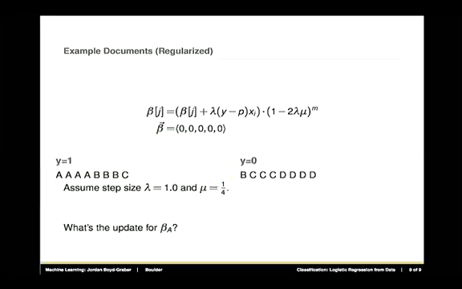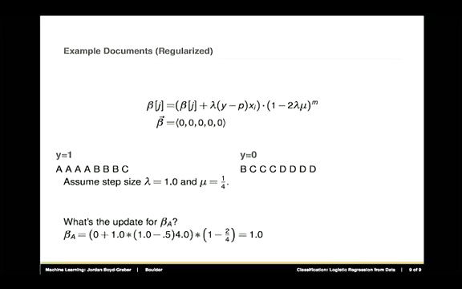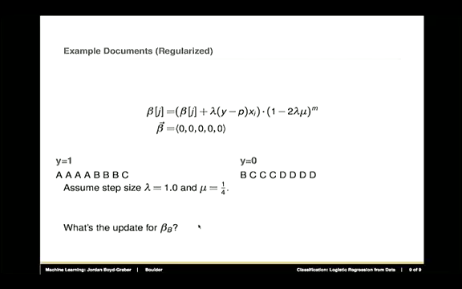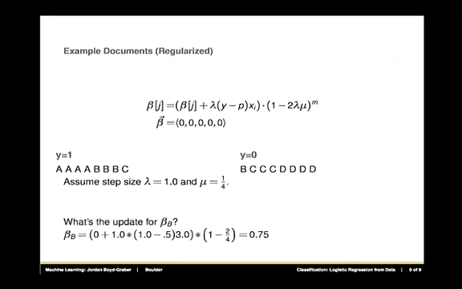So beta A is what we had before times 1/2, which is 1. For beta B, we had 1.5 before, so we have 0.75.